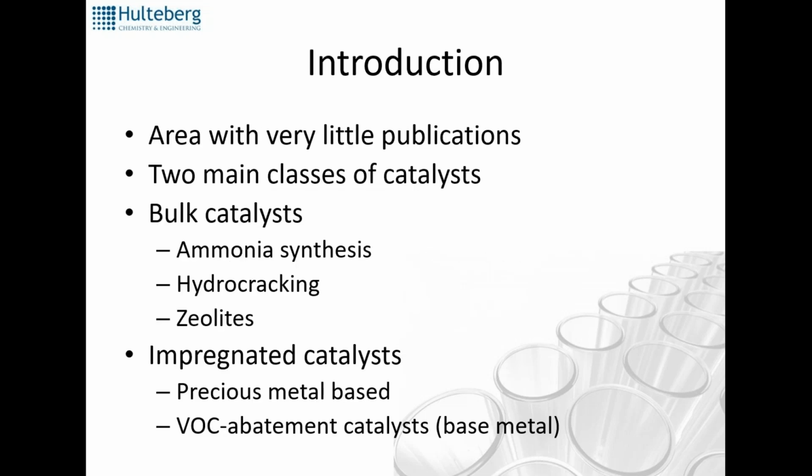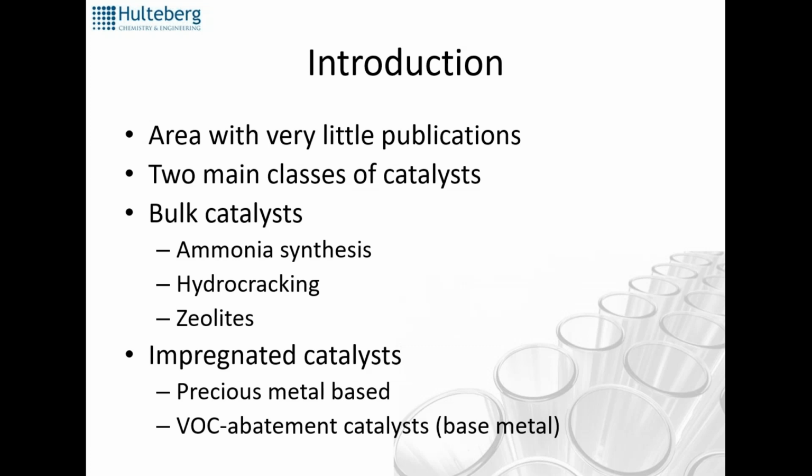All right, introduction. So, as I said, this is an area with quite some mystique. So there is very little published in this field, and it has to do with the fact that this is much less relevant with respect to research, and it is rather intense industrial activity. But there are, in general, two types of catalysts.